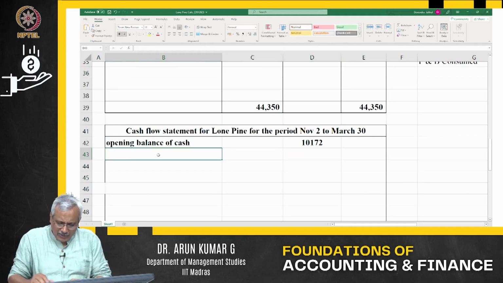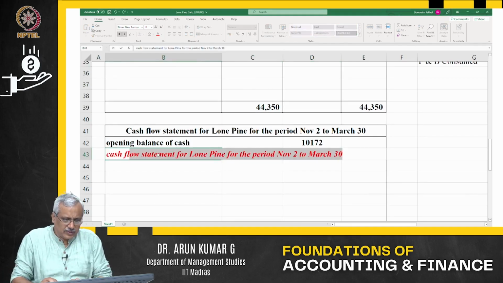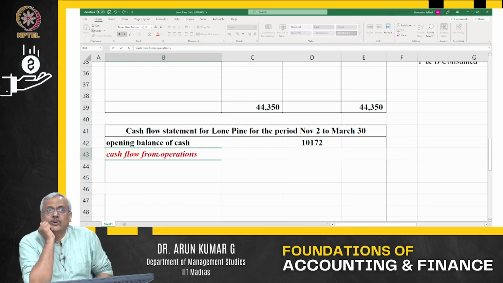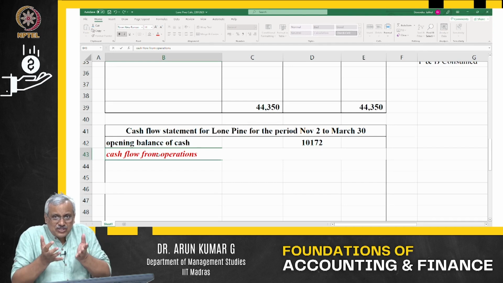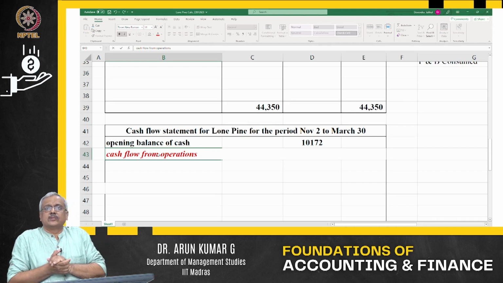Now let me do cash flow from operations. This is the cash balance with which you began your operations.